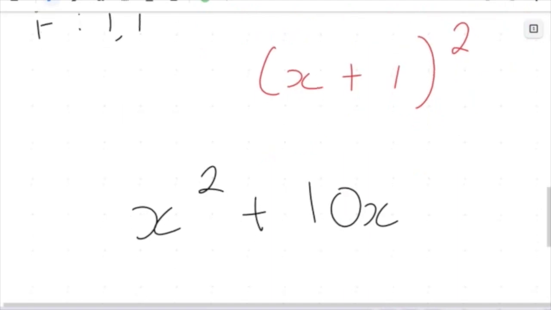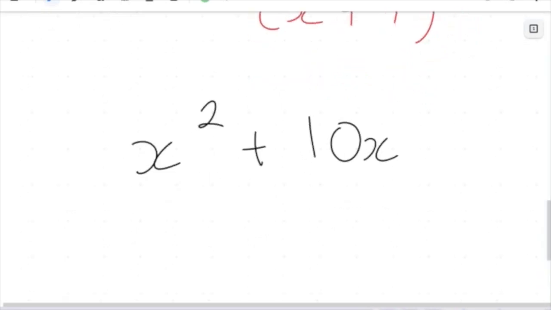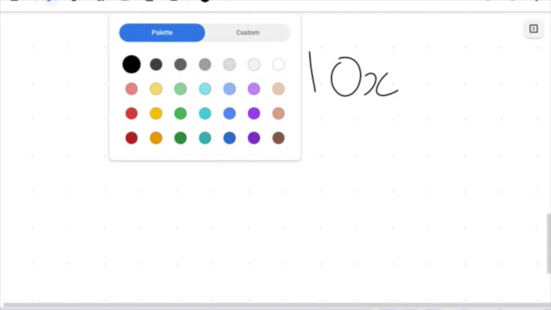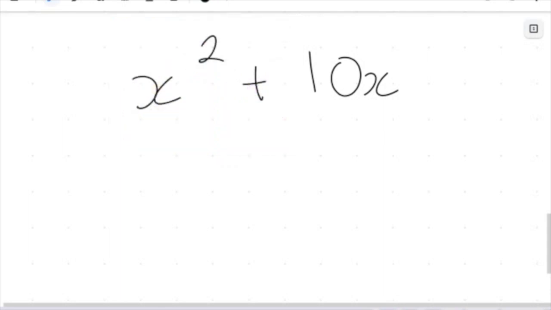Let's have a go at another question and see what actually happened, the actual process we did, and like all things in maths, we're going to observe these patterns and try to apply a quicker way of doing this once we can kind of see a pattern. Now here I have x squared plus 10x, and once again I want to see what can I add to this to create a perfect square.